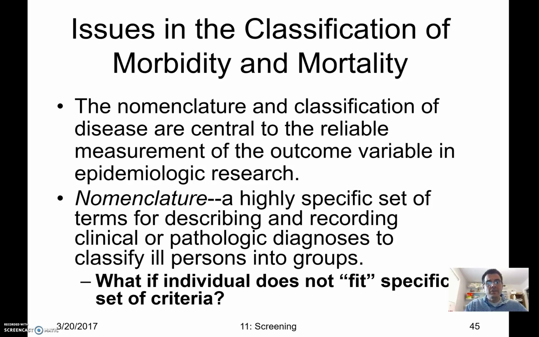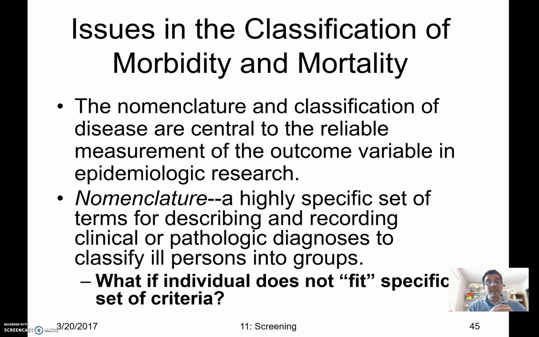In any case, though, one has to remember that it's not so simple, even with screening tests. There is a real issue with classification of morbidity and mortality. It is often really difficult to take a screening test and jam a particular diagnosis into it, as in it may not fit specific criteria.